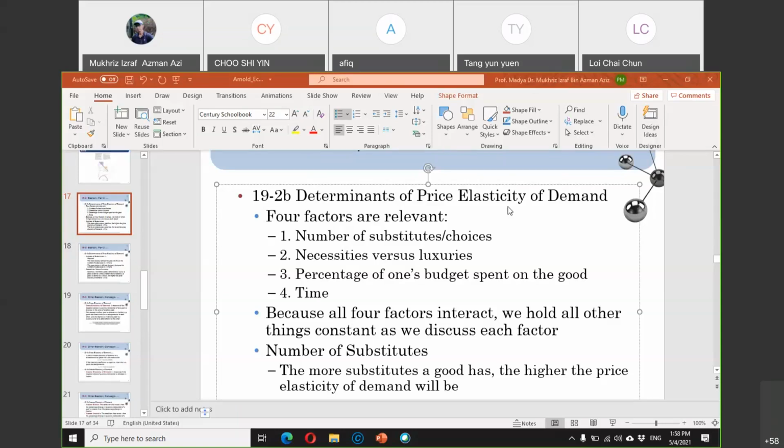But now, because you have more choices than before, you can see Astro trying to push people to subscribe to their services. When you have more choices or substitutes, demand will be more elastic, more sensitive to price changes.